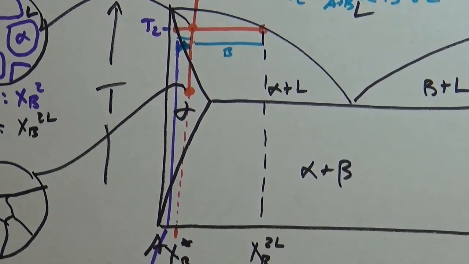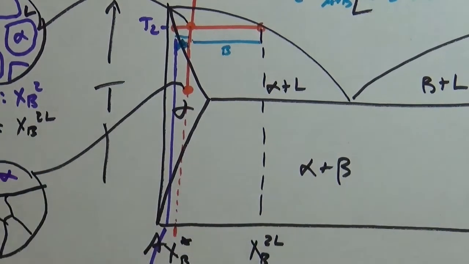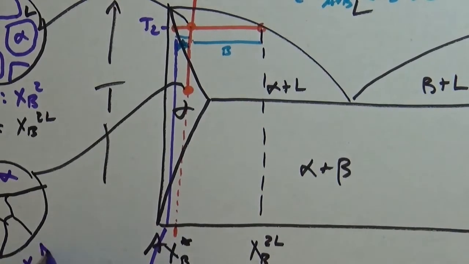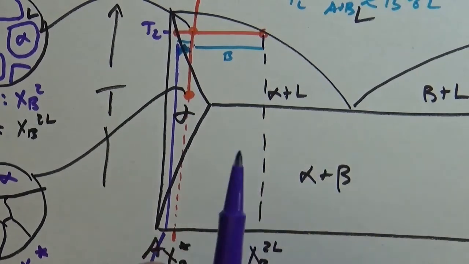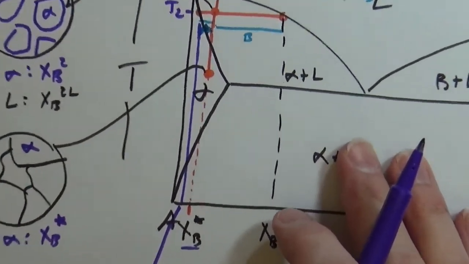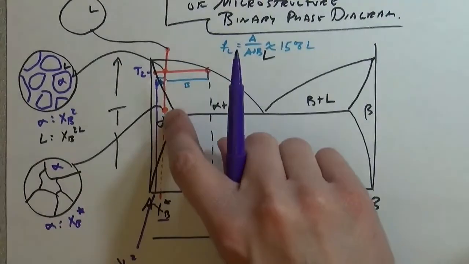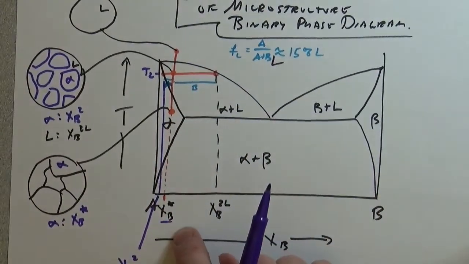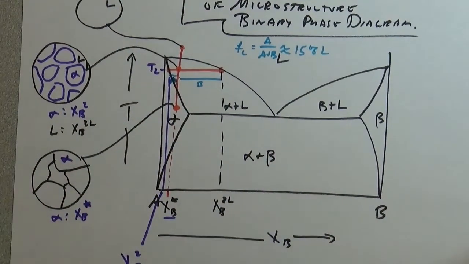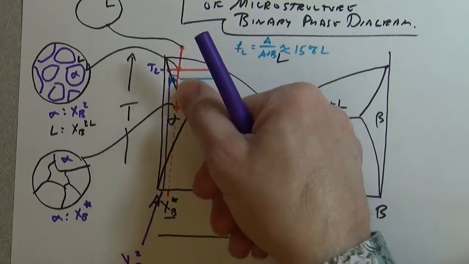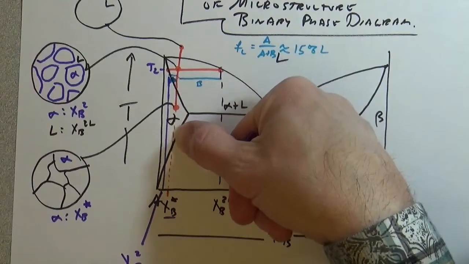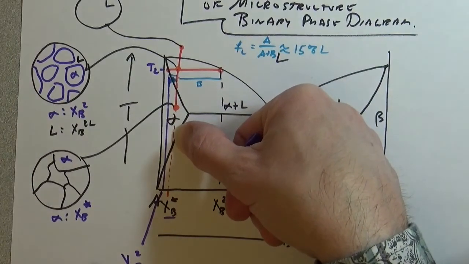And it's all alpha. And the composition of alpha is given by XB star. Right? Because we're saying this is an equilibrium evolution, which means all of alpha has this composition. And in fact, it's going to have that throughout this single phase region along this line.